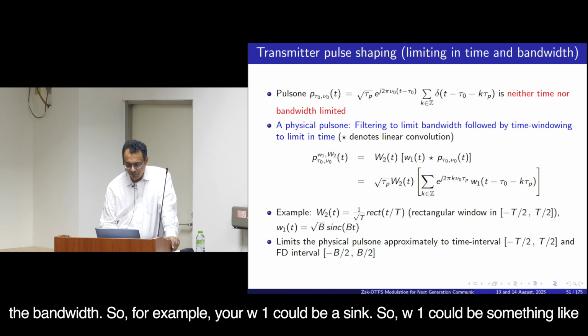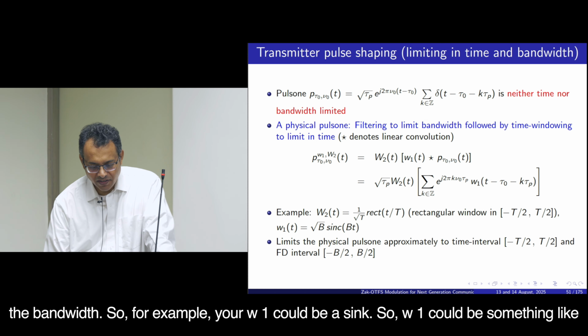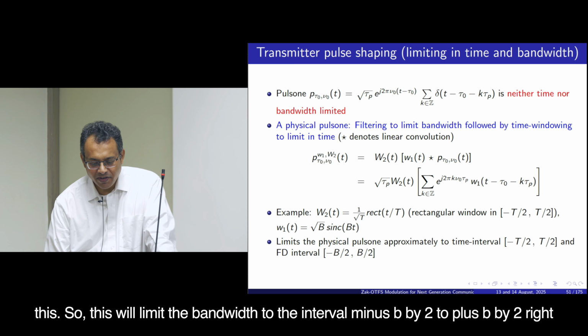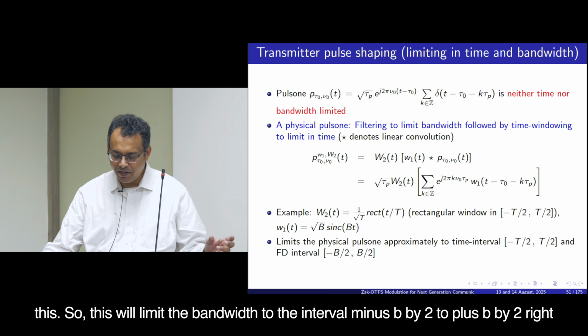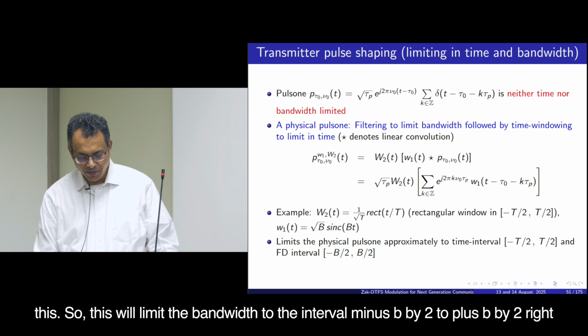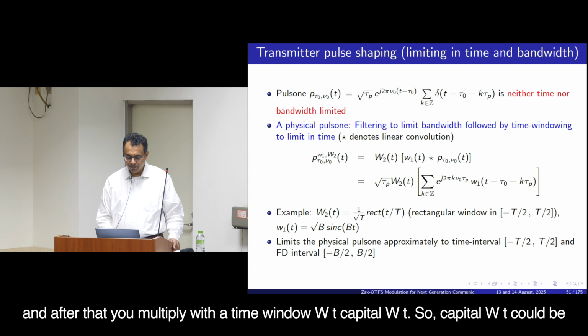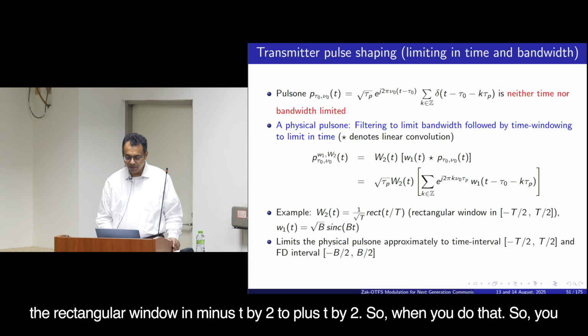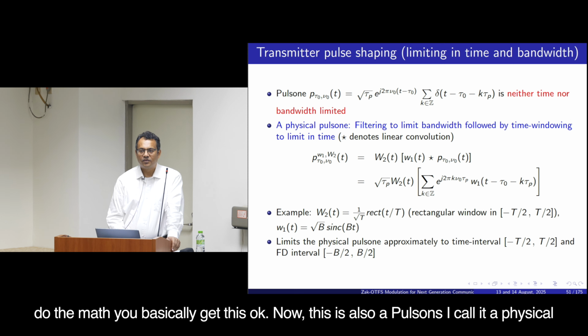So for example, your W1 could be a sinc. So W1 could be something like this. So this will limit the bandwidth to the interval minus B by 2 to plus B by 2, right. And after that you multiply with a time window, capital Wt. So capital Wt could be the rectangular window from minus T by 2 to plus T by 2. So when you do that, you do the math, you basically get this, okay.